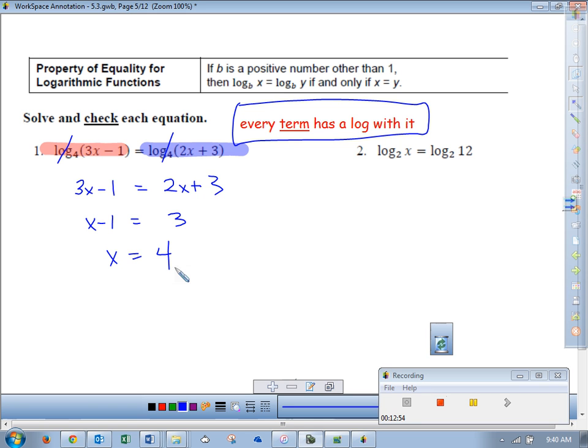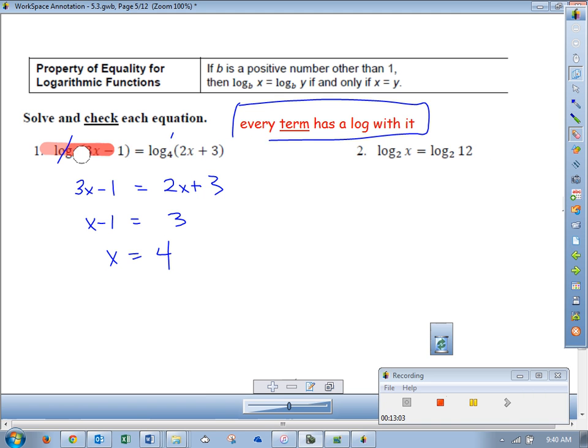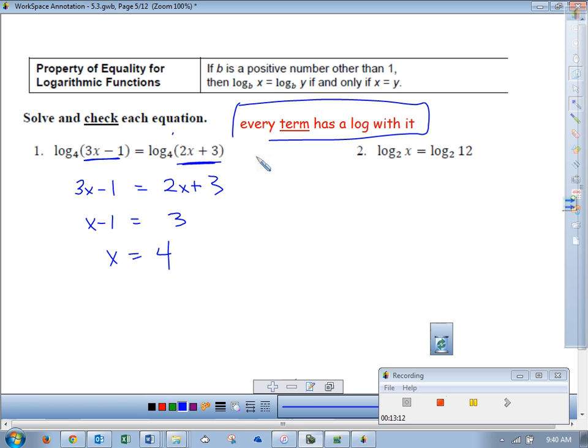And then the important thing is you must go back and check these, because there will be extraneous answers. The argument, meaning the number next to your log, whatever base, must be positive, meaning it cannot be a negative number, nor can it even be 0. So you've got to check. If you put a 4 in for x right here, wouldn't you get 12 minus 1, which is 11?